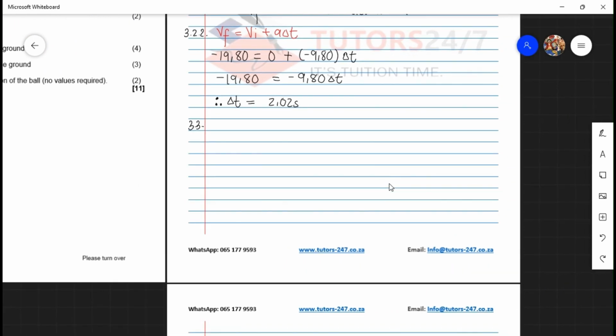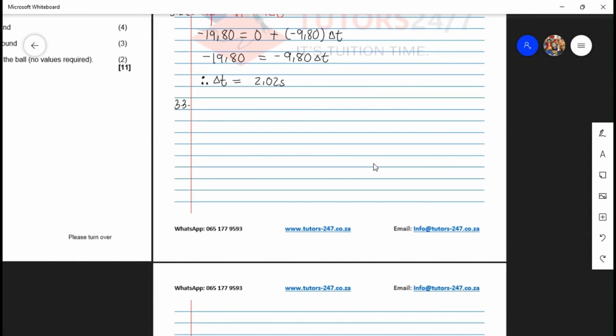And time is always going to be positive, whereas velocity can be either positive or negative. So we need to decide whether it's going to be in quadrant 1 or quadrant 4, because the x-axis is only positive in quadrant 1 or quadrant 4.